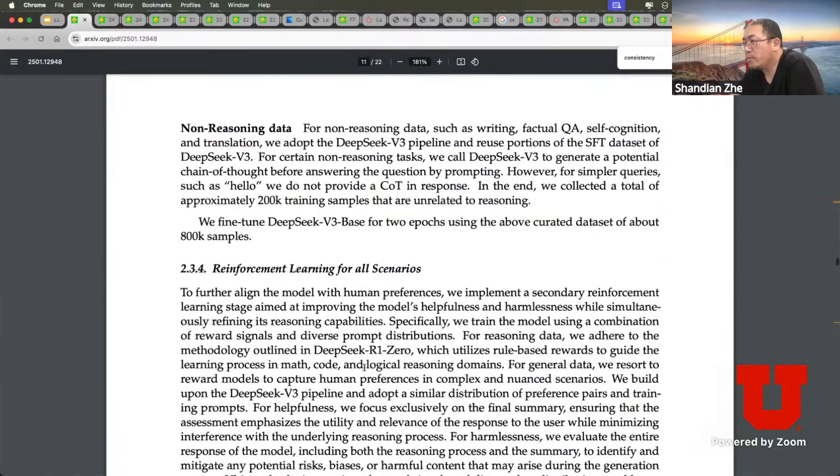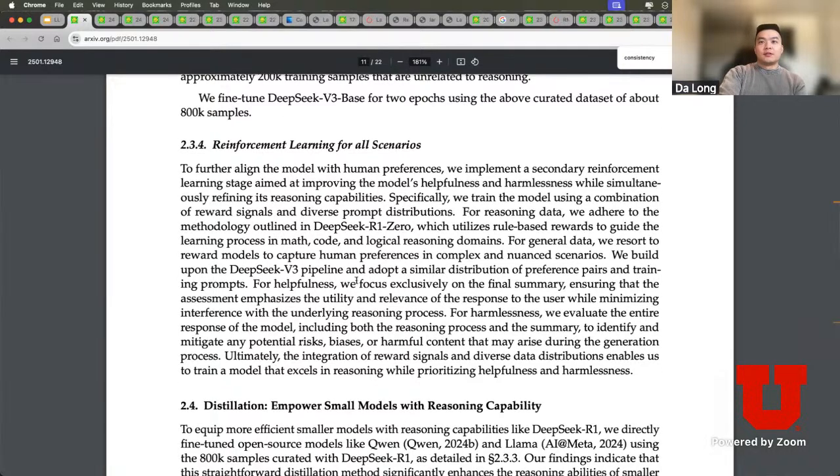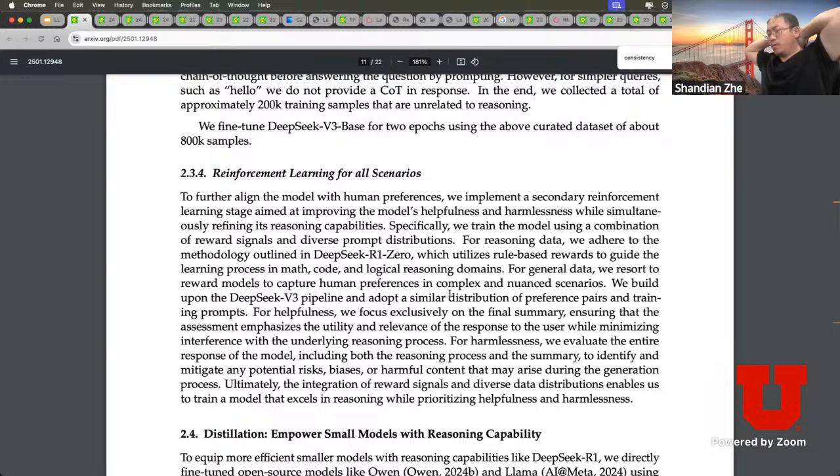Okay. And then the last step, they do another reinforcement learning for all scenarios based on the fine-tuned DeepSeek V3 base. Okay, I'm a little bit confused about their training process. They got this data to fine tune DeepSeek V3, right? And then they apply the reinforcement learning again.